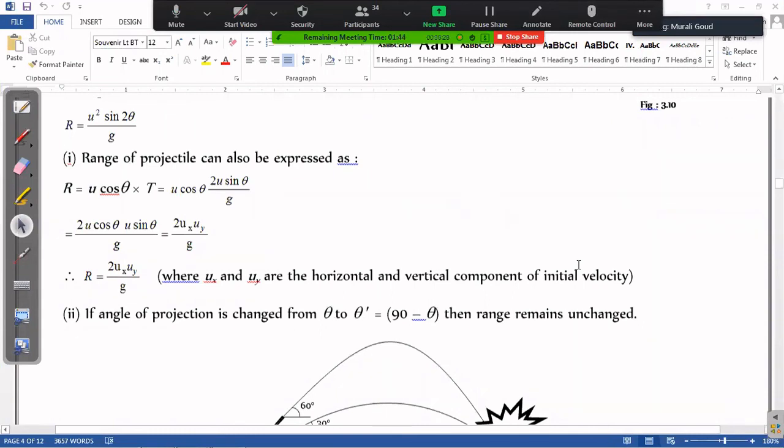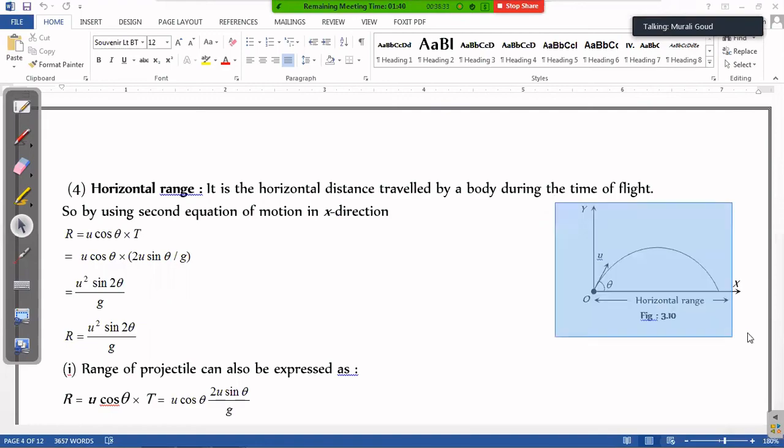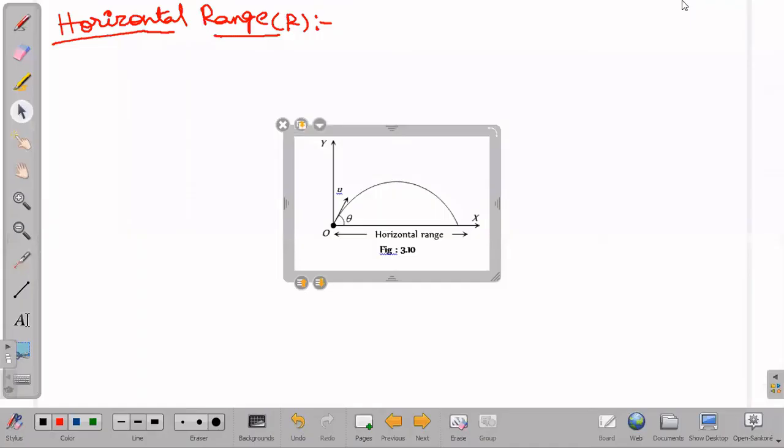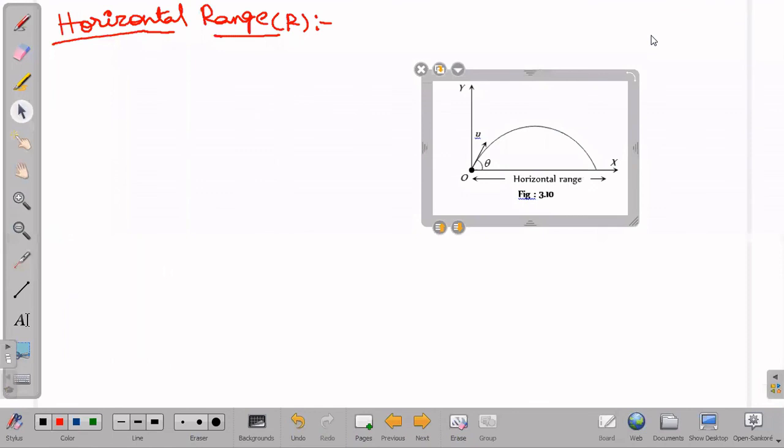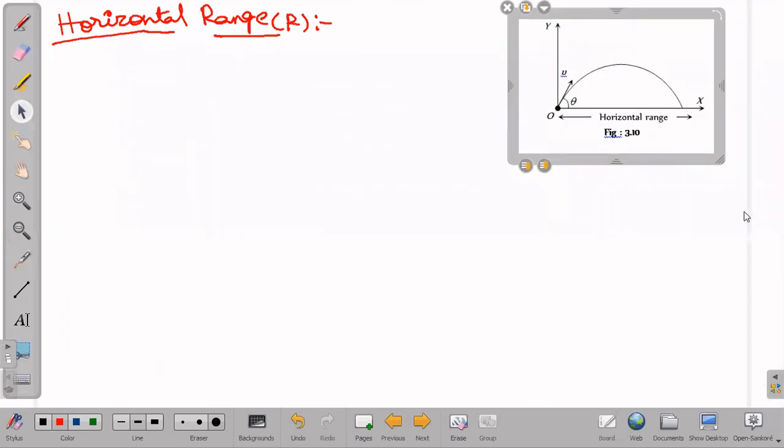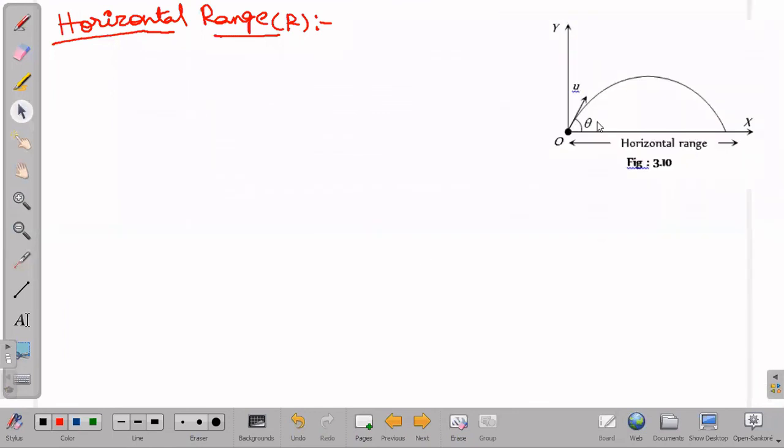horizontal range derivation part. For that, I will take this diagram now. You can see in the diagram projectile motion as usual. When the projectile is in motion, its initial velocity is u. The velocity vector is making an angle theta with this.